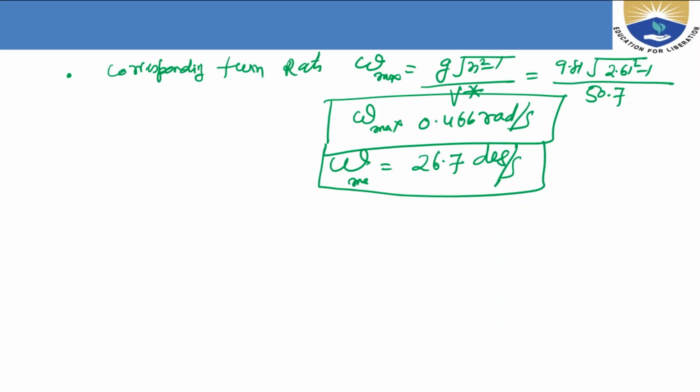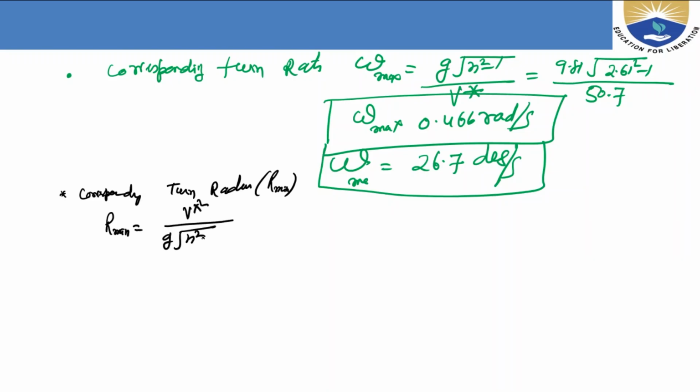Now we will see the corresponding turn radius, that is R minimum, and we know that R minimum is equal to V star square divided by g under root n square max minus 1.